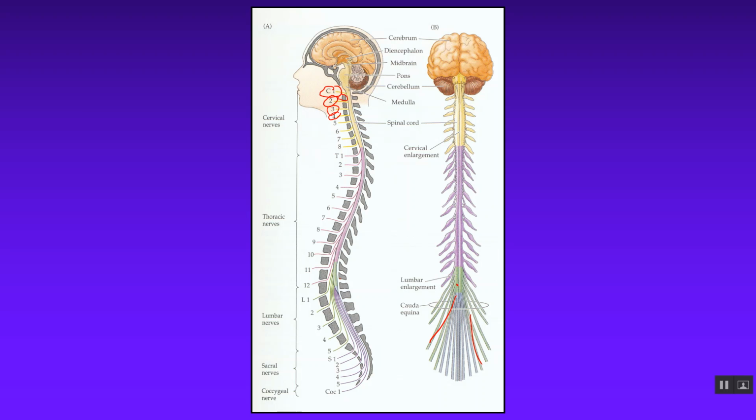And so at that point, C8 comes out below the C7, and then from then on, since there is no C8, the next one is T1. So in the thoracic spine and lumbar spine, the nerve roots are exiting below the vertebral level, whereas in the cervical spine, until you get to C8, they're exiting above the vertebral level.